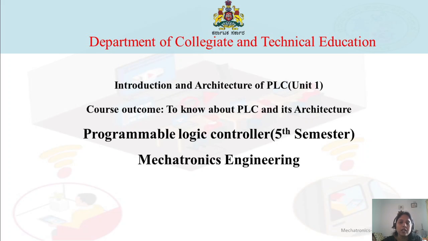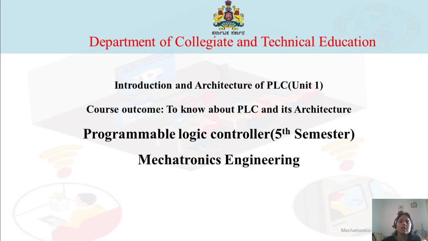Then, based on application ranges, we have seen different types of PLCs, based on the number of I/O devices. We have learned that we have nano or pico PLCs, with less than 15 I/O modules, used in PLC trainer kits that we use in the lab. Next, we have micro PLCs and small PLCs, used for small automation purposes.